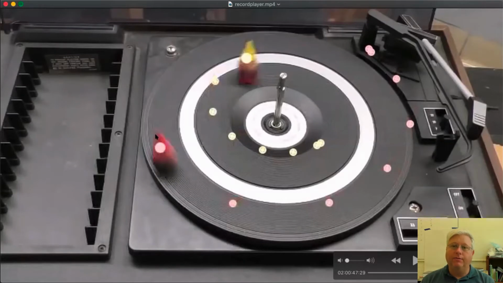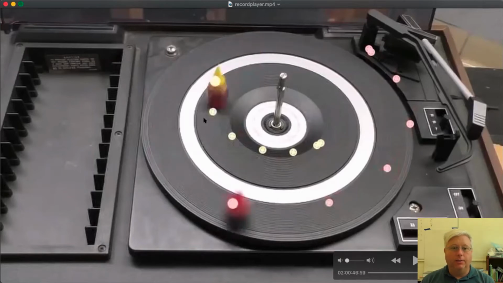Okay, it was moving faster, and so even though they were essentially identical masses, the one that was further out was moving at a faster tangential velocity, and so it overcame friction sooner than the one that was closer.